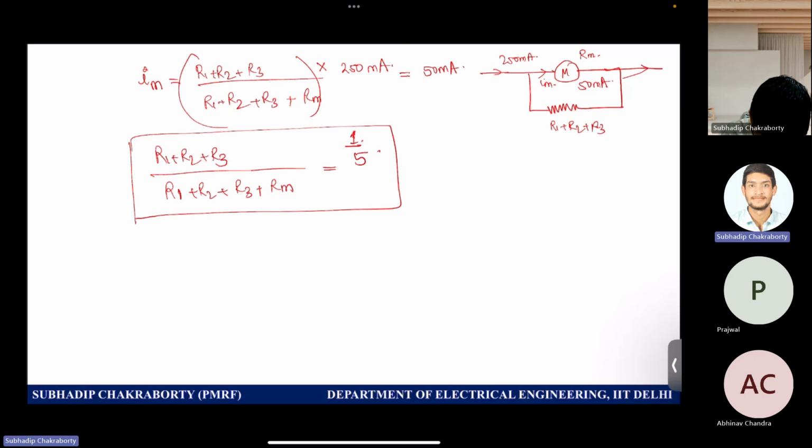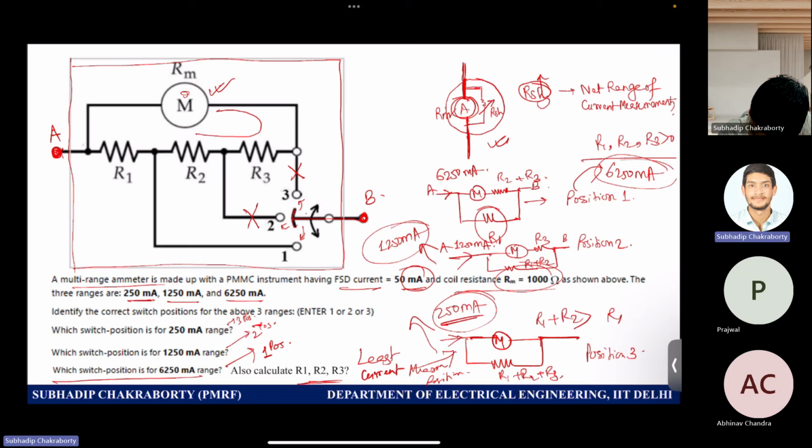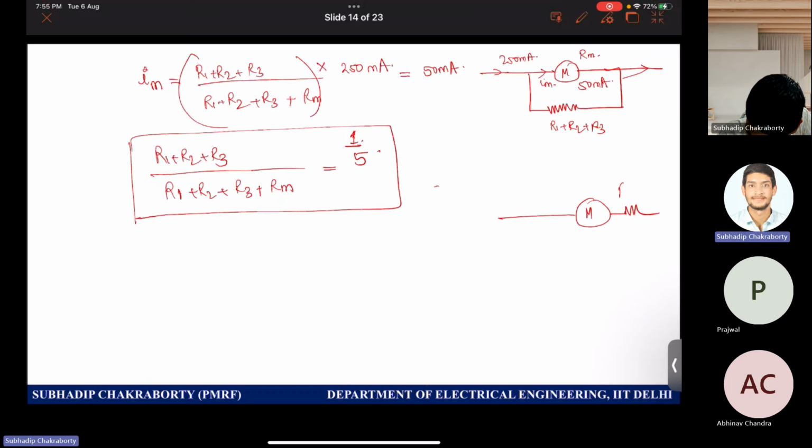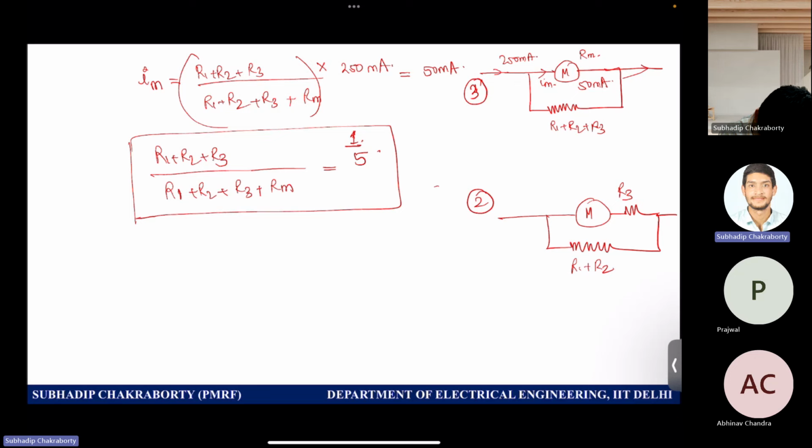So this is one equation. Then next, for position 2, what you can do, you have R3, right? And then R1 plus R2. So this is position 3, and this is position 2.